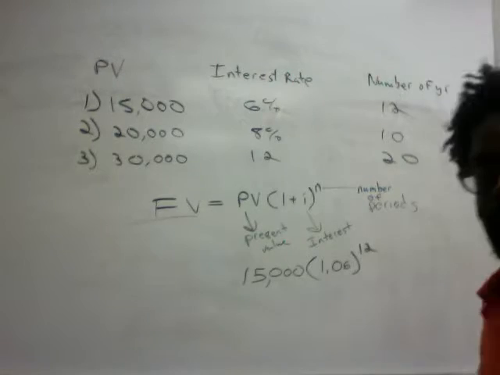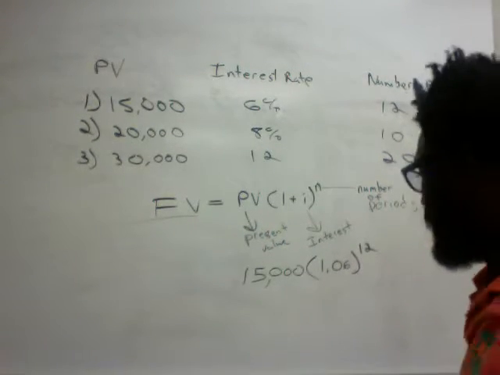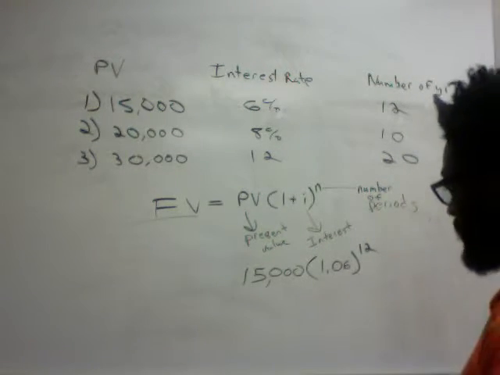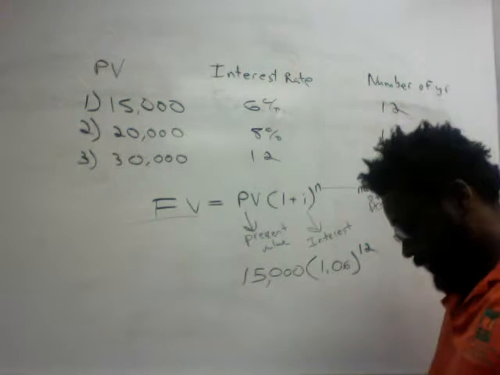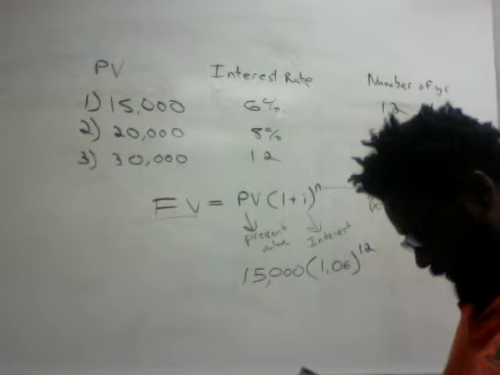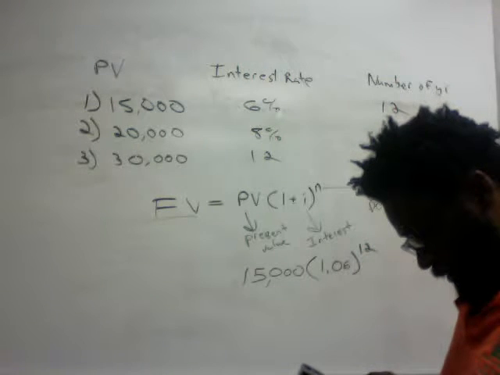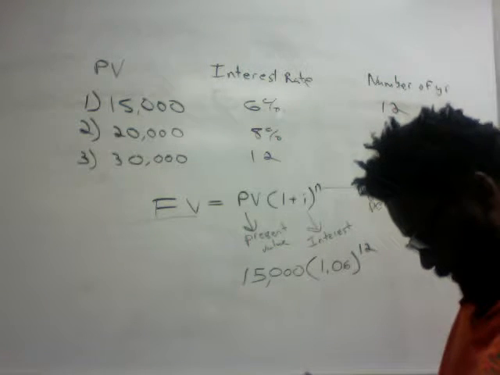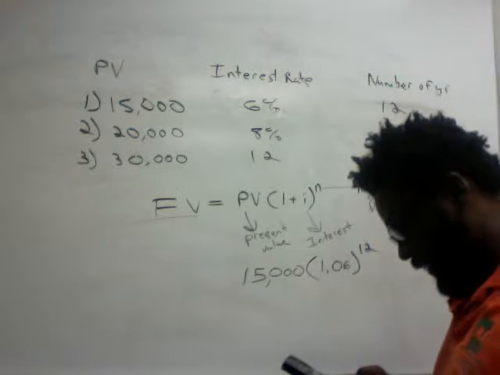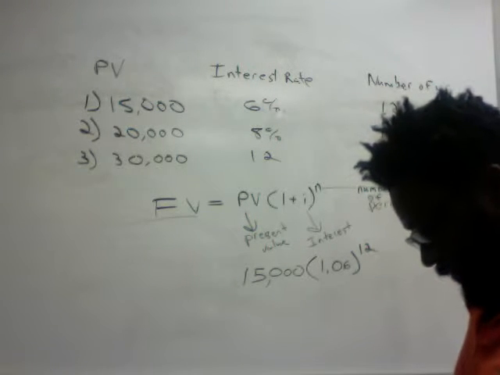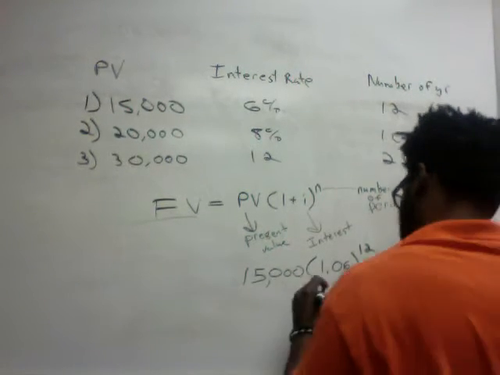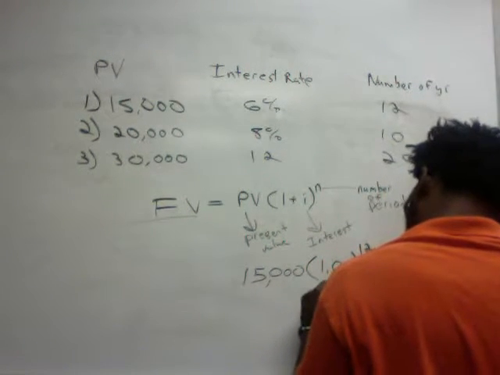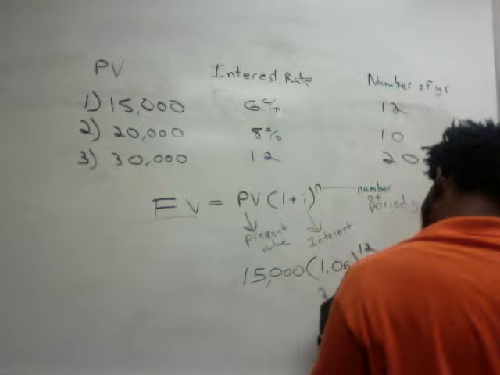Now, rule for thought is that you should always apply your order of operations. So your exponents need to be raised first. So we're going to take 1.06 and on this calculator, we're going to raise it to the 12th power. And that's going to equal 2.0121.